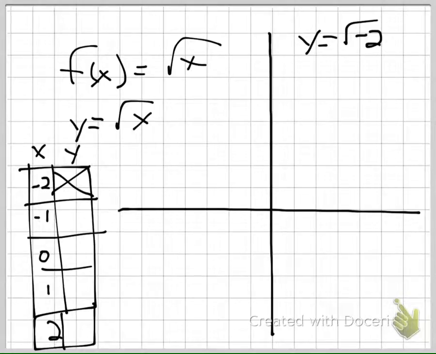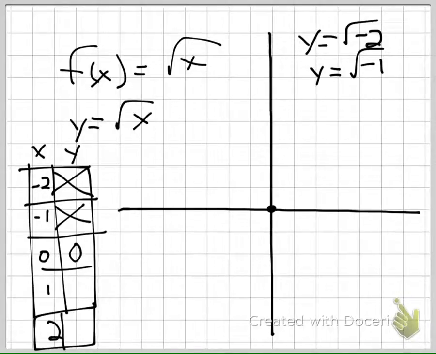What about negative 1? Y is equal to the square root of negative 1. Nothing, right? What about 0? What is the square root of 0? 0. So that would be 0, 0. That means there's 1 point. What about 1?